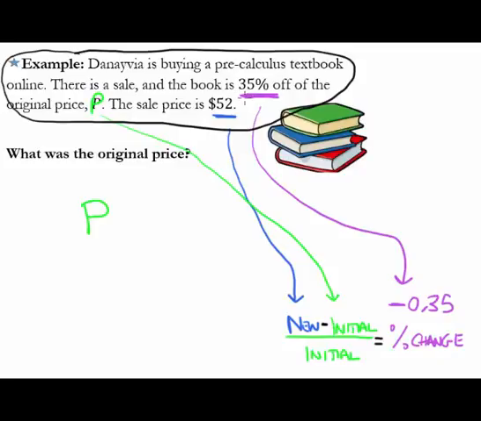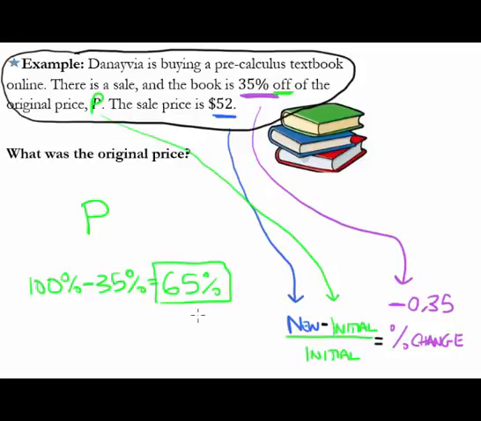Well, how can I represent taking 35% off? It's as if I had 100% of the price, and then I took 35% off. So how much is left over after I took off my 35%? 100 minus 35. So in other words, 65% is left.